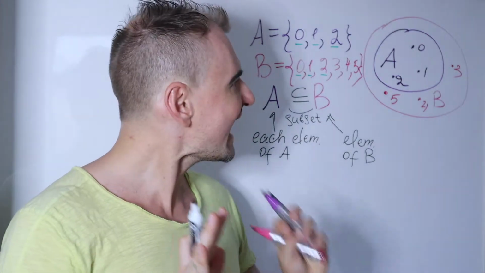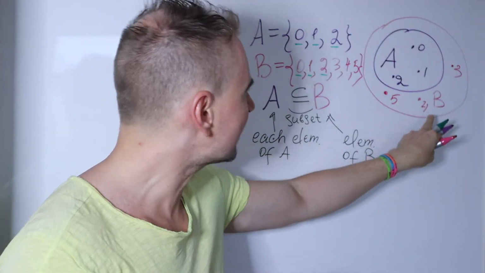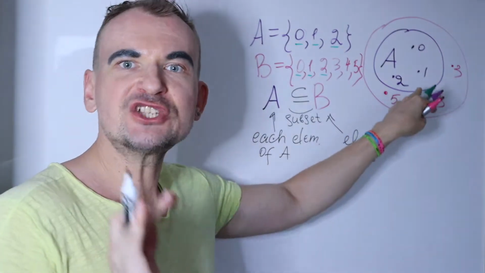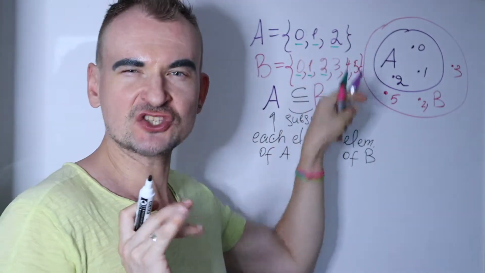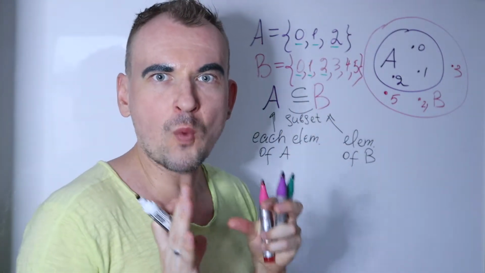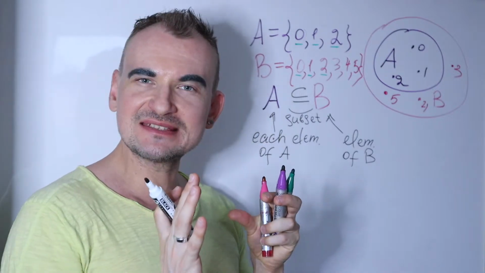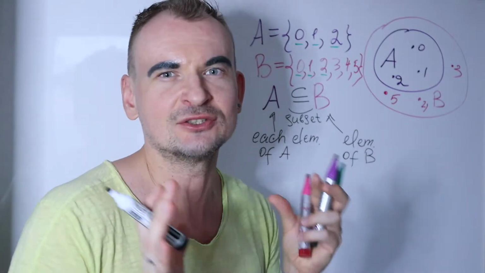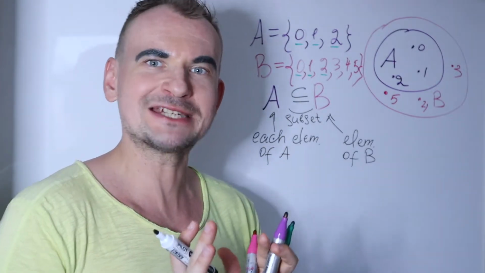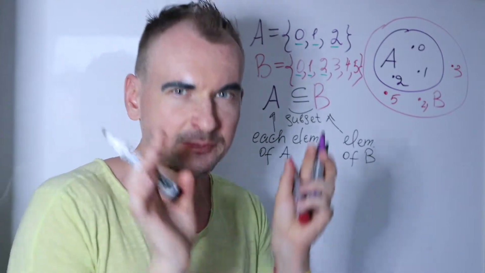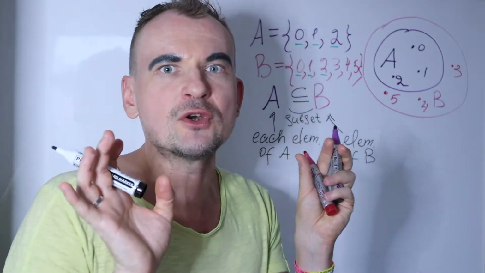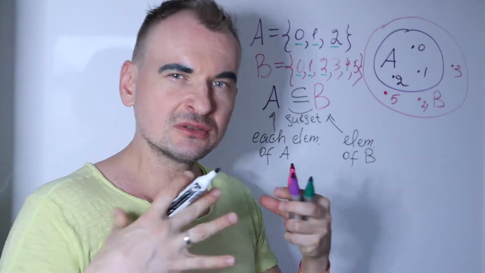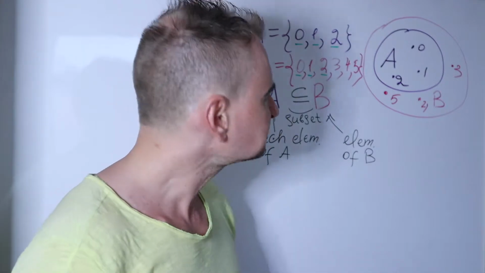Notice that there are elements in B, for instance 4 and 5, which are not in set A. So that means set B is bigger than set A, and A is smaller. It's not a mathematically precise definition, that's why I put it in inverted commas, but it helps us get into this better.